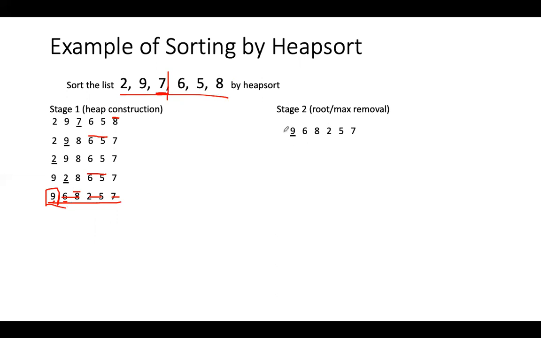The first step in the algorithm is to swap the rightmost leaf element with the root element. Because 9 is greater, there is no doubt that the root is greater. Simply swap the rightmost leaf element with 9, the root element. So the last element is sorted.